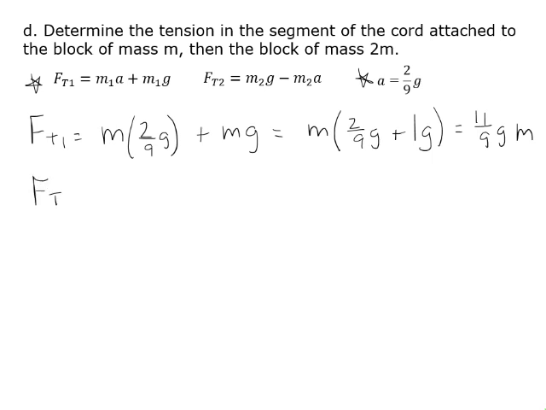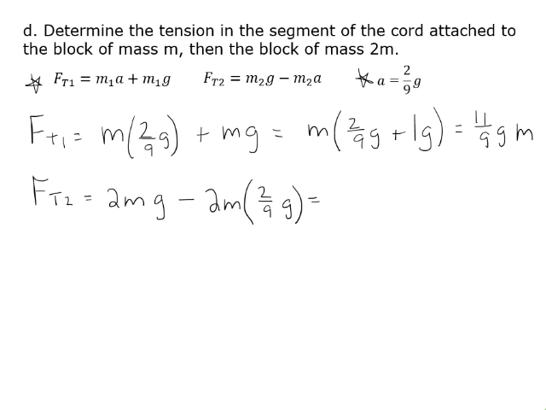Force of tension 2 is a very similar setup. Mass 2 times gravity, only mass 2 we know is 2m times g, minus mass 2 times acceleration, so that's 2m times 2/9 gravity.